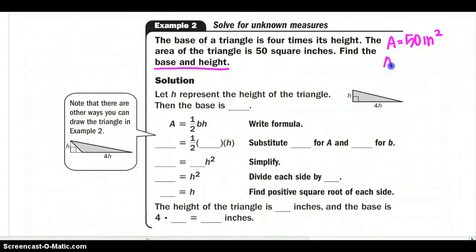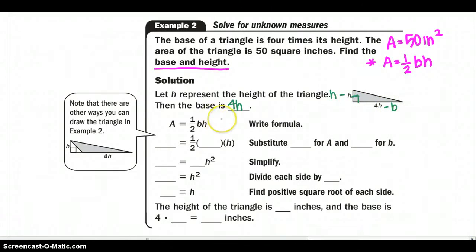So my area equation would be 1/2 base times height. So I'm going to keep writing those equations as to what figure. So let h represent the height of our triangle. Then the base is 4h. So this is my height, and this is my base, because it is created by that 90-degree angle.